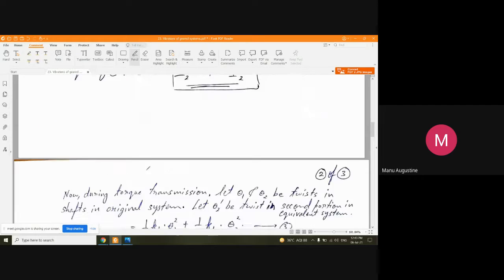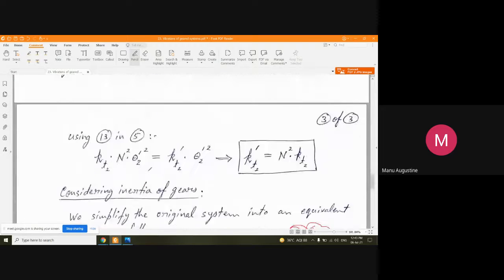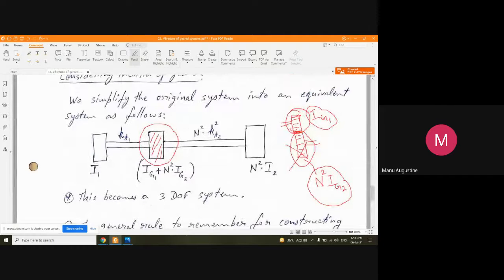And now if you go back to the equivalent converted system, I1 as it is, KT1 as it is, instead of the combination of both gears, you put a new rotor in place which has the combined inertia of both the gears.